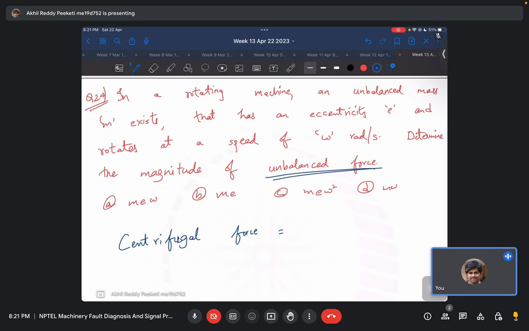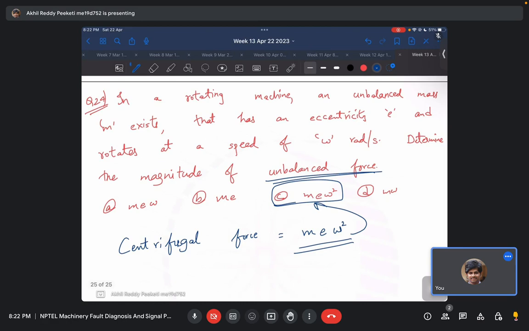It's m v squared by r, or m r omega square. Here the mass is m, the radius is the eccentricity e, and omega square. So this is the unbalanced force, m e omega square. I hope this is clear.